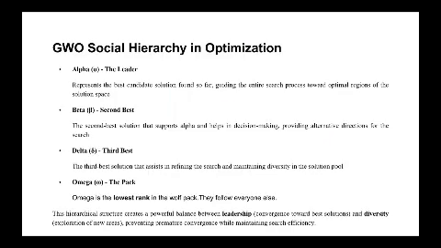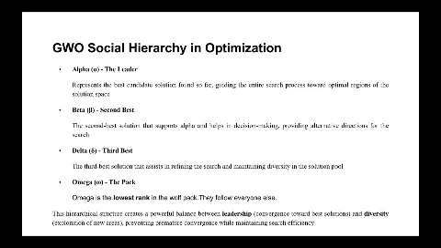To understand the social hierarchy in Greywolf optimization more, we look at the different ranks in Greywolves. The first is Alpha, the leader, represents the best candidate solution found so far, guiding the entire search process towards optimal regions of the solution space. Beta, the second best solution that supports Alpha and helps in decision making, providing alternative directions for the search.